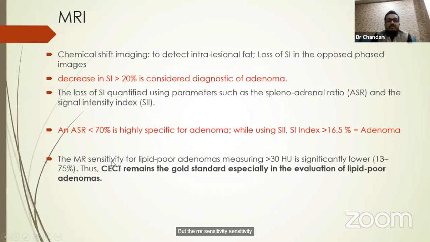But the MR sensitivity for lipid-poor adenoma measuring greater than 30 HU is significantly lower. Thus, the contrast-enhanced CT scan remains the gold standard, especially in the evaluation of lipid-poor adenoma.